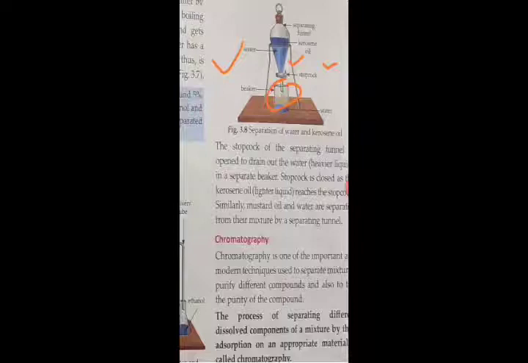Then the chromatography. What is chromatography? Now you can see this picture of the paper chromatography, in which I have told you that in this technique we use two phases, that is the stationary phase and the mobile phase. So a strip of Whatman filter paper is taken.